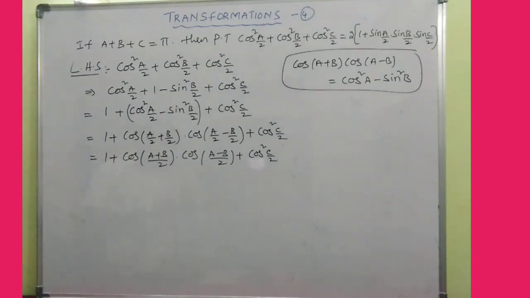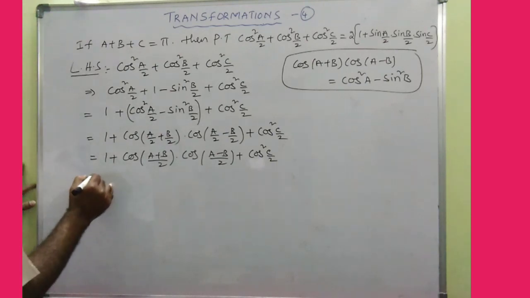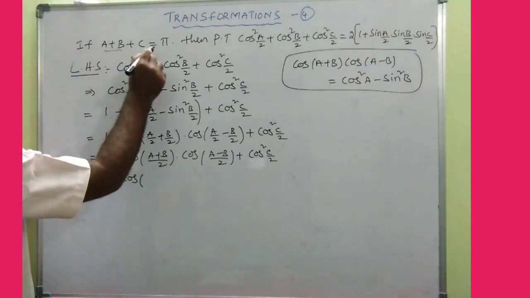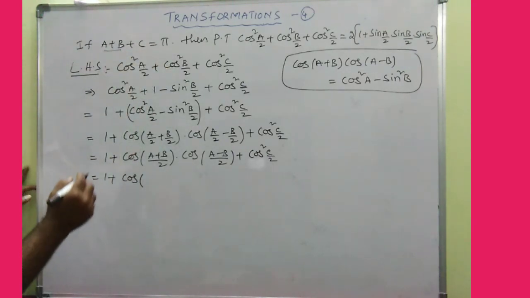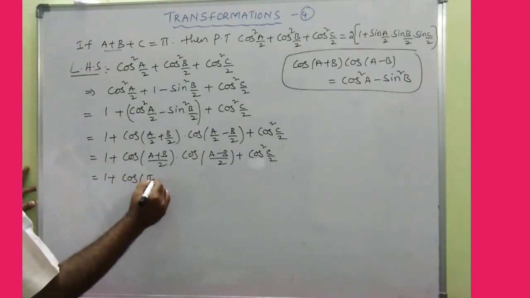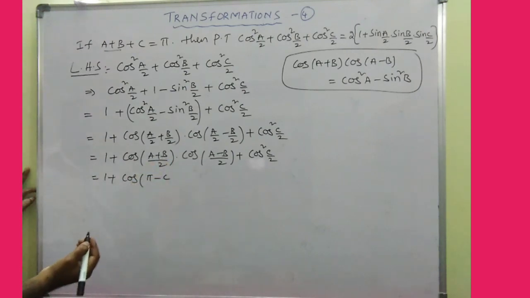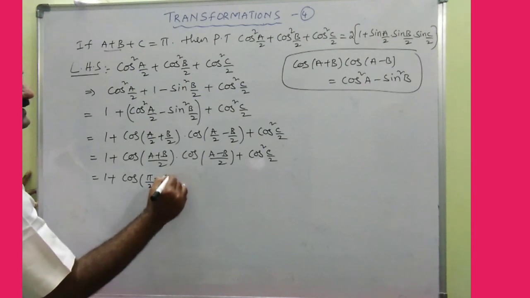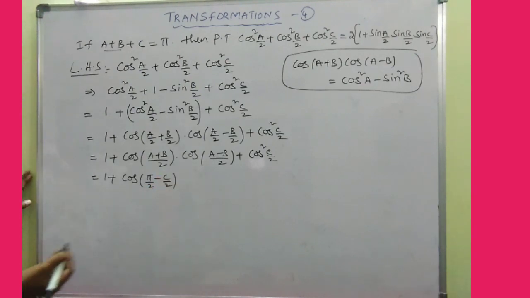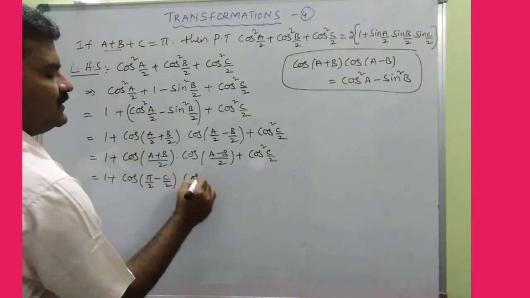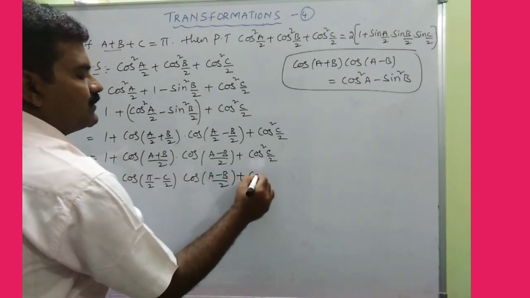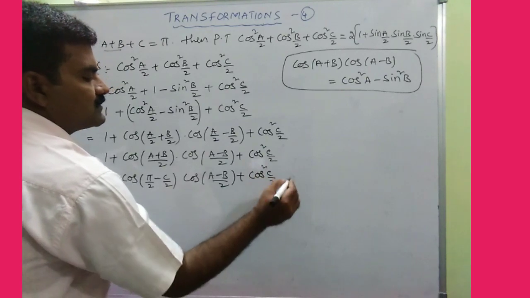Can you guess what to do here? Because A plus B plus C is equal to 180, then A plus B is equal to pi minus C, whole divided by 2, which is nothing but pi by 2 minus C by 2, into cos of A minus B by 2 plus cos square C by 2.